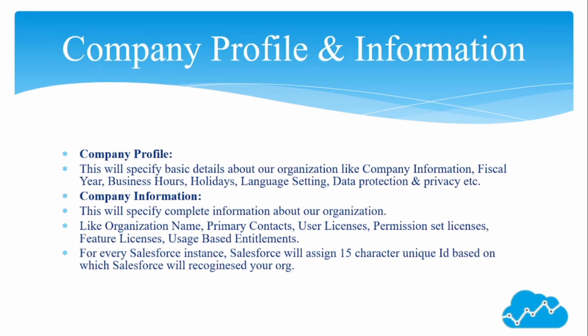Company profile and information. What is the company profile? This will specify basic details about our organization like company information, fiscal year, business hours, holidays, language settings, data protection and privacy, etc. Company information will specify complete information about our organization like organization name, primary contacts, user licenses, permission set licenses, feature licenses, user-based entitlements.